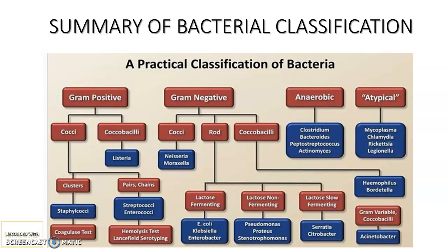Examples are lactose fermenting rods, example E. coli, Klebsiella and Enterobacter. Examples of lactose non-fermenting rods are Pseudomonas, Proteus and Stenotrophomonas. Examples of lactose slow fermenting rods, they are Serratia and Citrobacter.